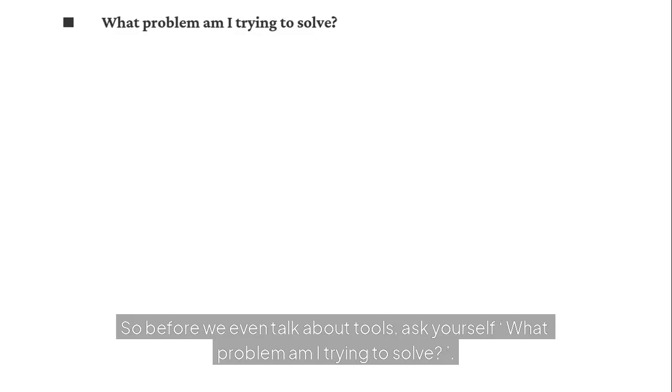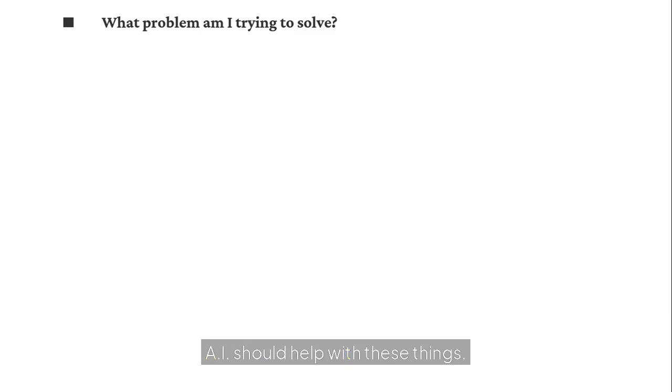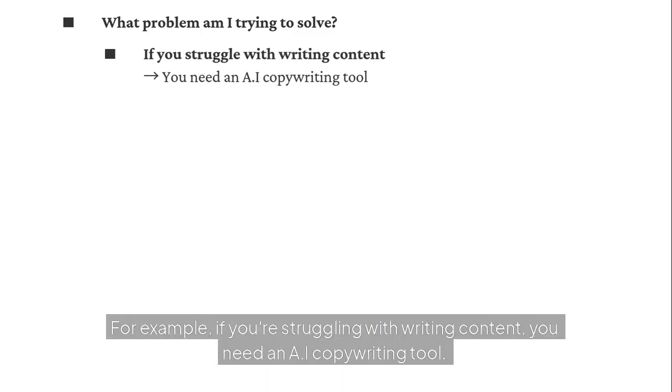So before we even talk about tools, ask yourself, what problem am I trying to solve? Every side hustle has tasks that slow you down or skills you might not be great at yet. AI should help with these things. For example, if you're struggling with writing content, you need an AI copywriting tool.